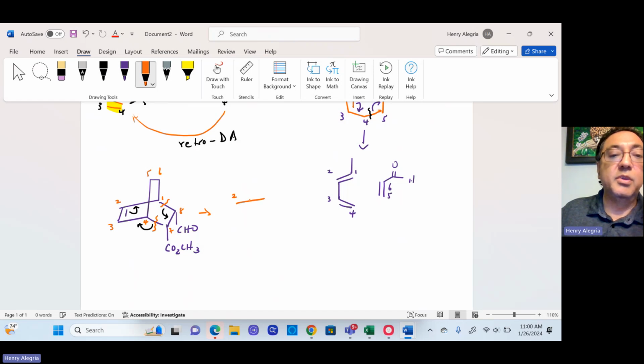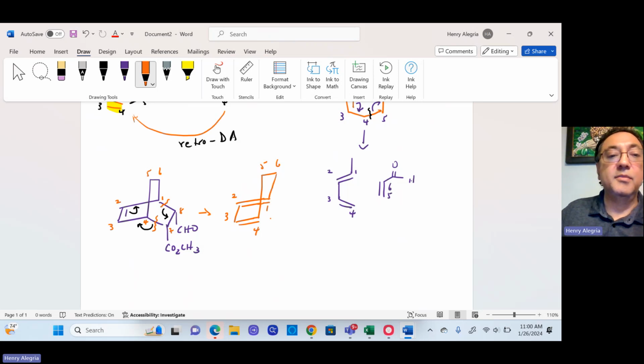So if I start with 2 to 1, there's now a double bond there. There's now a single bond between 2 and 3. There's now a double bond between 3 and 4. 4 is still attached to 5. 5 is still attached to 6, and 6 is still bonded to 1.